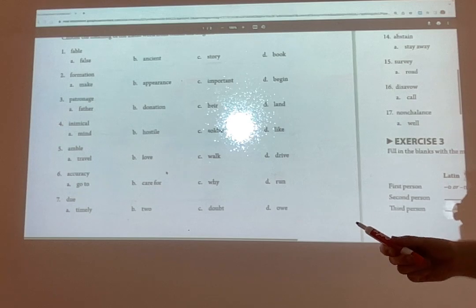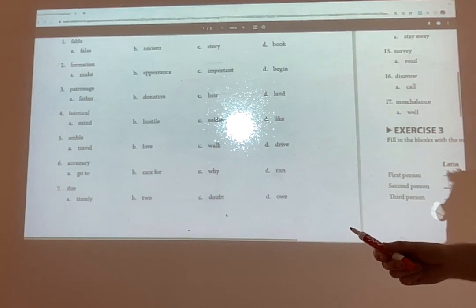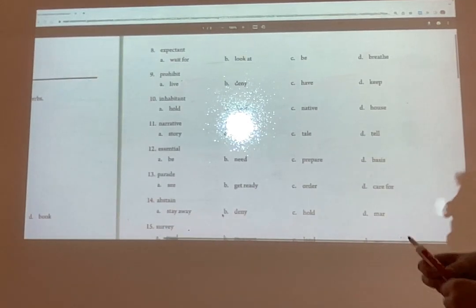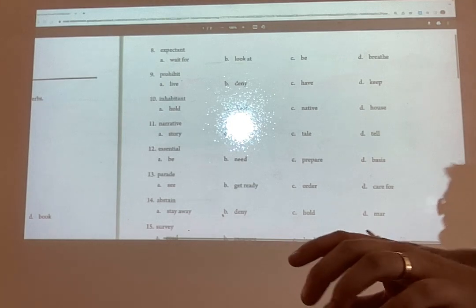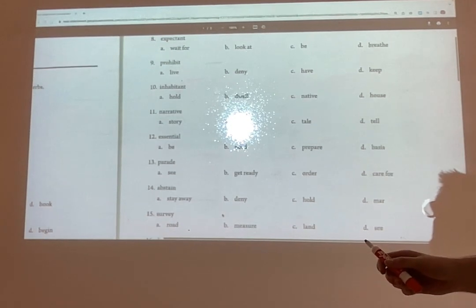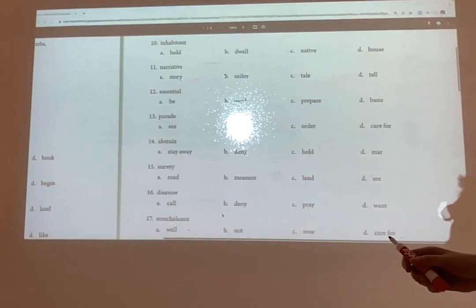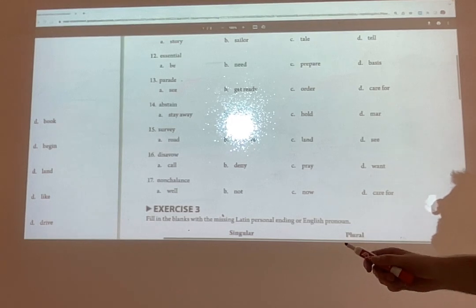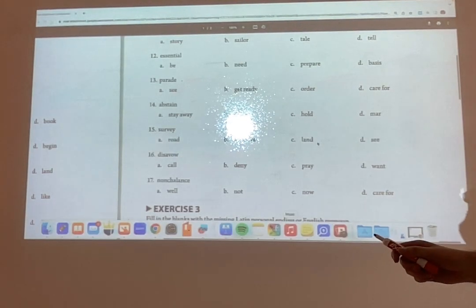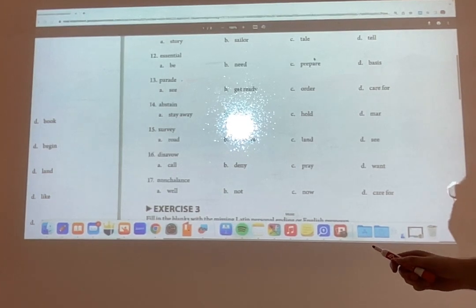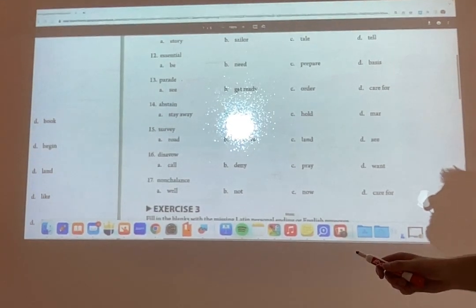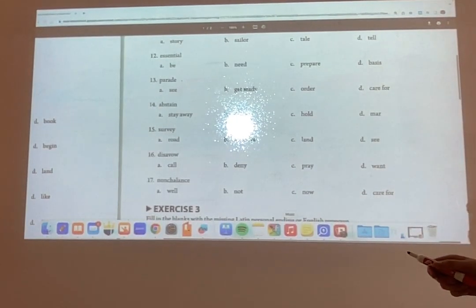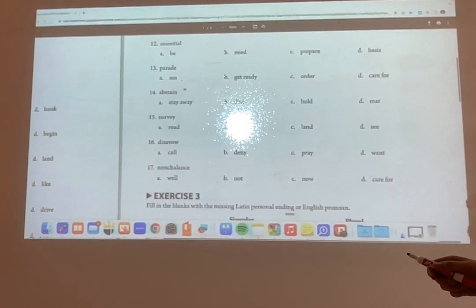Number 7 is D. Number 8 is A. Number 9 is D. Number 10 is B. Number 11 is D. Number 12 is A. Number 13 is C. No, B, my bad. 13 is B. Number 14 is... Oh, this is a hard one between these two.